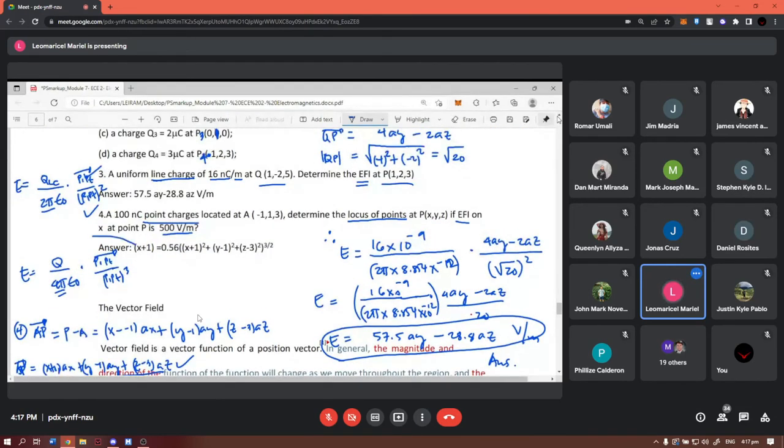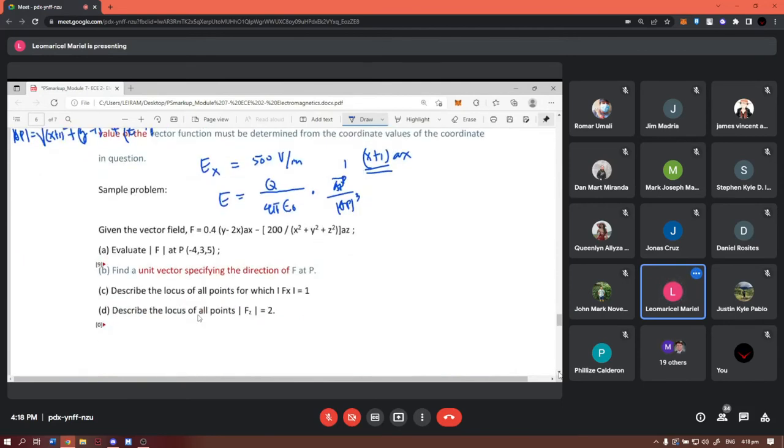Given na charge over 4 pi epsilon naught, multiply by the vector over magnitude of that vector cube. Okay. So ilagay mo lang lahat doon.